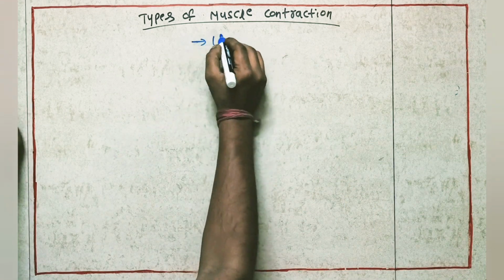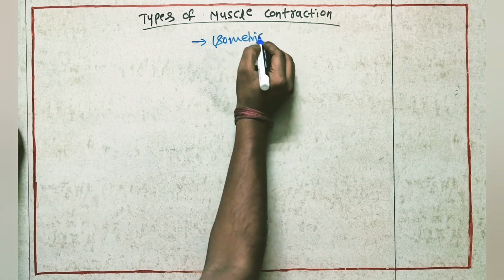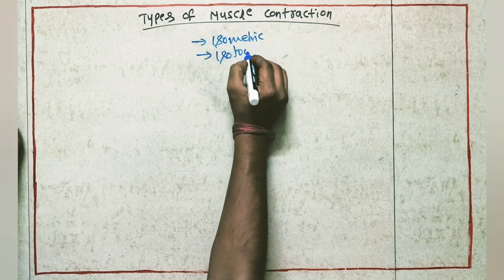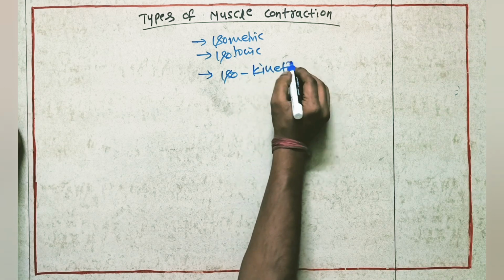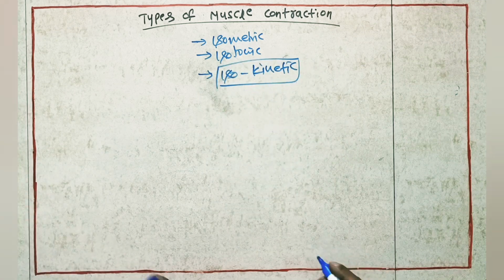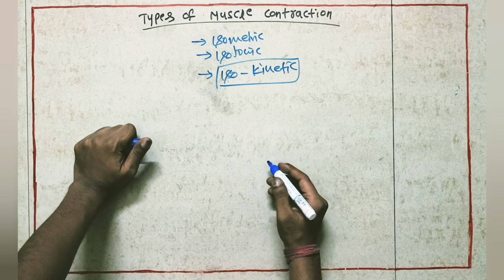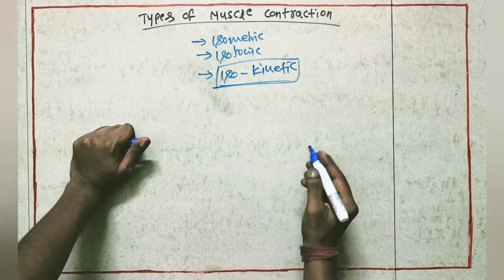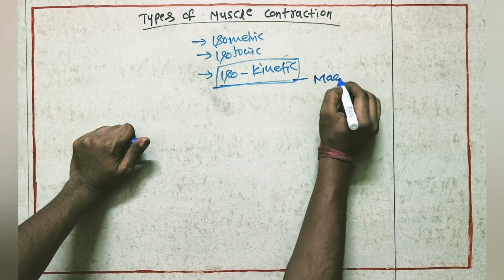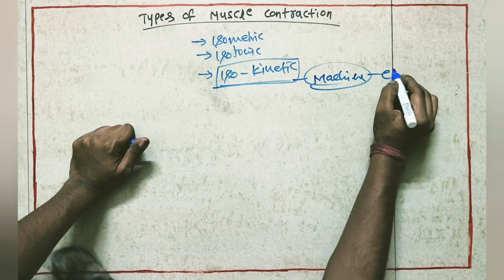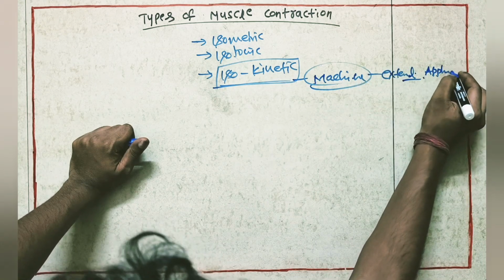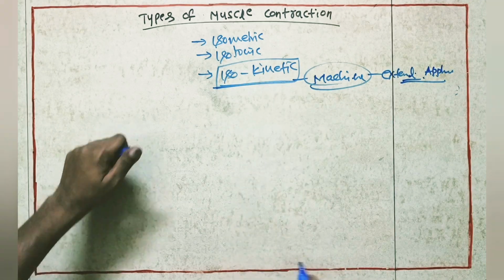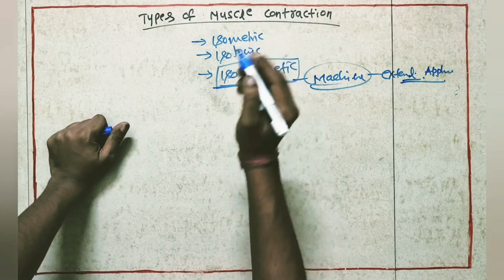Apart from this isometric and isotonic, here we'll be having one more, that is isokinetic. This we can't take exactly like a type of muscle contraction, because it is going to be controlled by the machines, or otherwise external forces, done by some external appliances. So what is this isokinetic contraction means?